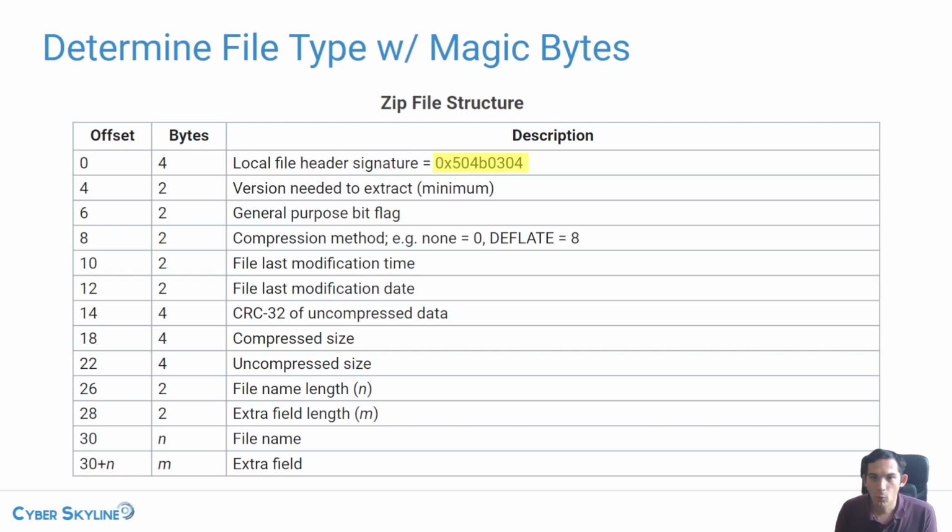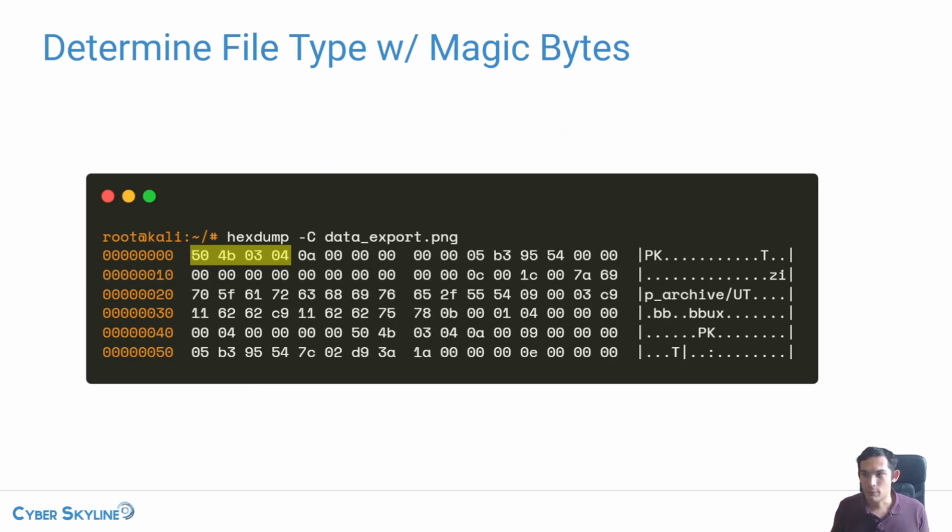And so what we can actually do is, if we pull up a terminal and we run hexdump on our renamed data export PNG file, what we can see is that the file still starts with the magic bytes for a zip file. I have it highlighted here in yellow, the 50 4B 03 04.